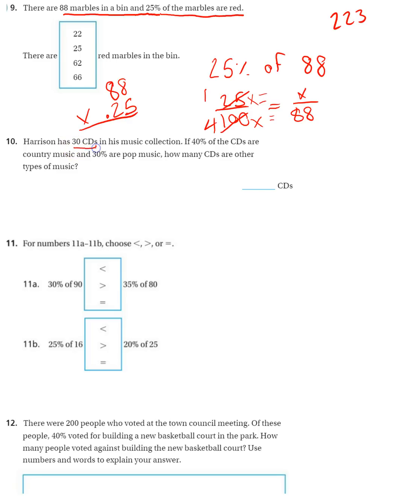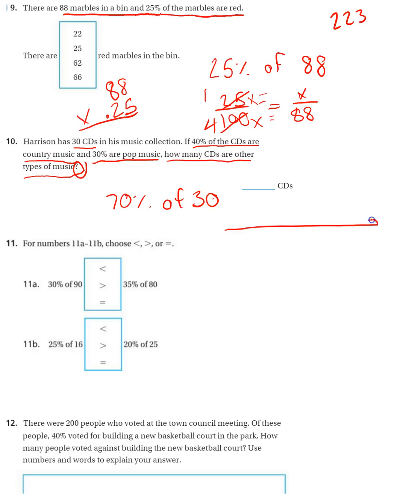Harrison has 30 CDs in his music collection. If 40% of the CDs are country music, and 30% are pop music, how many CDs are other types of music? So again, we combine these two, 40 and 30, that would be 70%. 70% of 30 is what we're trying to find.